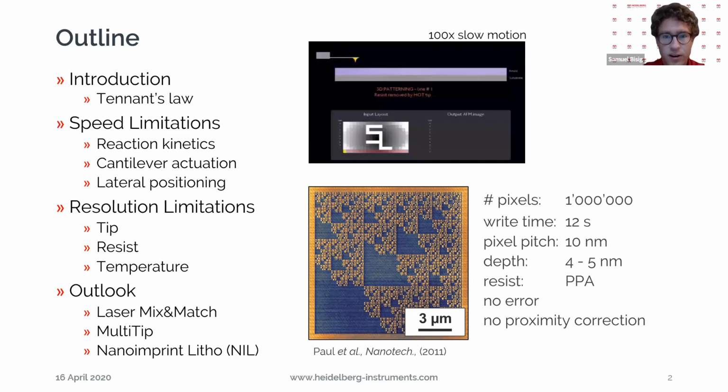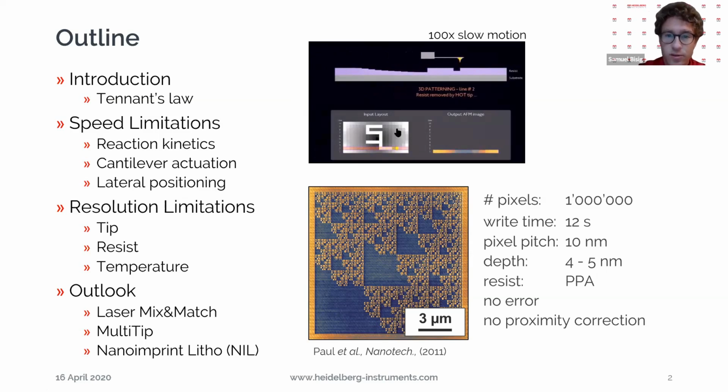So just to start, so that we are all on the same page, this is basically what I guess you're kind of familiar with. That's the principle of how the NanoFrazor works. You start with a grayscale input file, where the grayscale is converted into an electrostatic force between the tip and the substrate, which then results in a certain depth pattern.